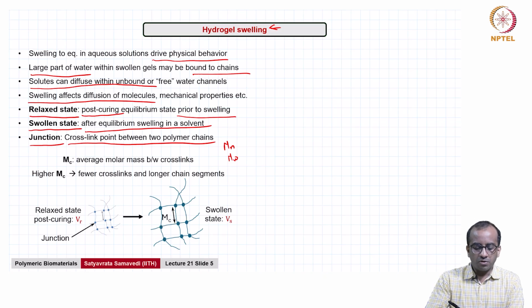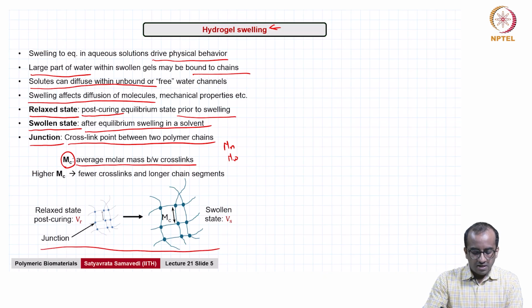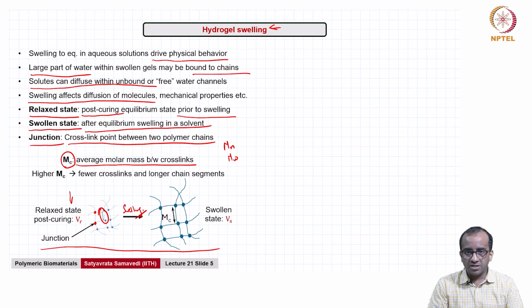For that, we are going to resort to something called Mc, which is unique to hydrogels, which is the average molar mass between crosslinks. So, shown here is that process of swelling, where you have this relaxed state post curing on the left hand side, where the blue dots represent the crosslink points, and you see this would be what you would call the mesh size or the molecular weight between crosslinks.